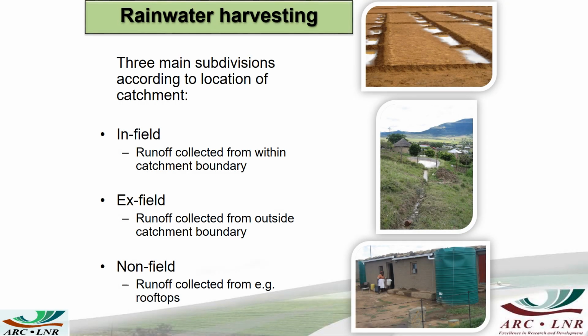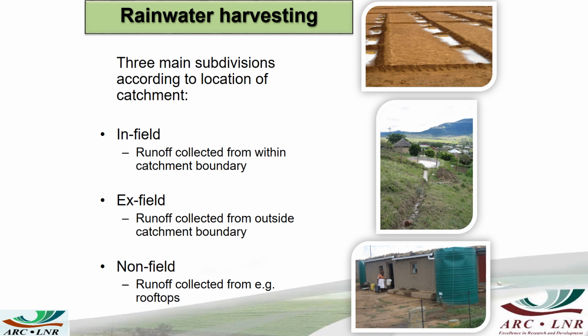Rainwater harvesting is normally divided into 3 subdivisions according to the location of the catchments. On the top right hand side, infield rainwater harvesting is collected from within the catchment boundary in a land where the crops are planted.